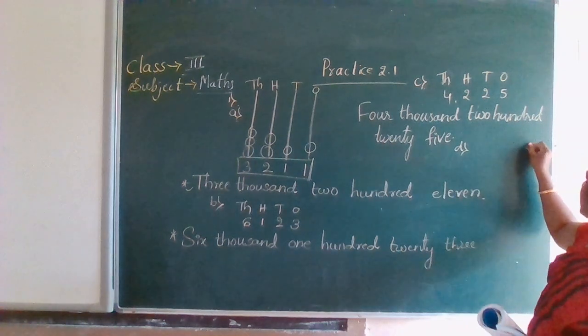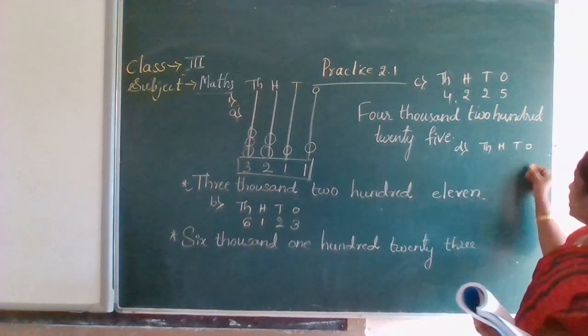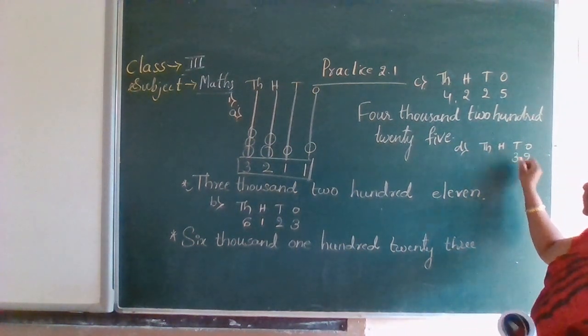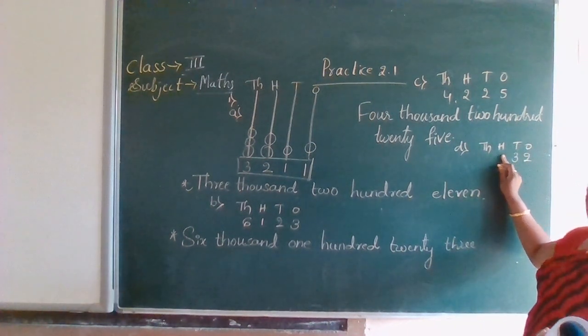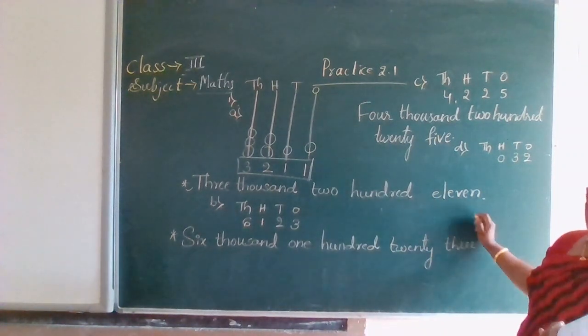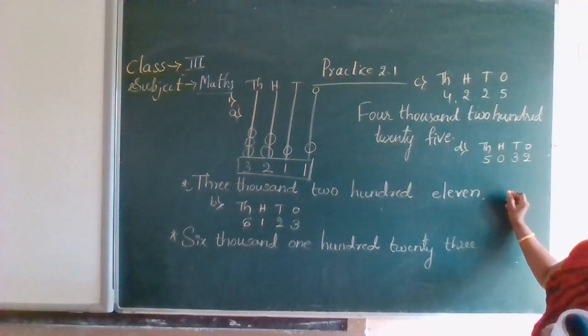D, ones, tens, hundreds, and this is thousands. Ones place there are 2 beads. Tens place there are 3 beads. Hundreds place no beads at all, in the sense hundreds is 0. Next thousands place 1, 2, 3, 4, 5 beads. Okay.